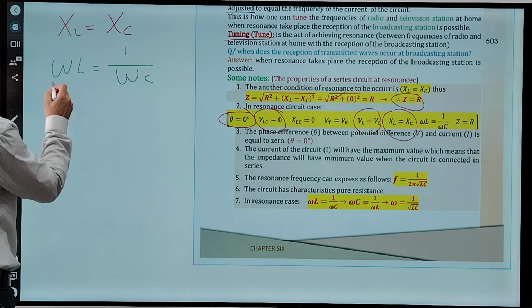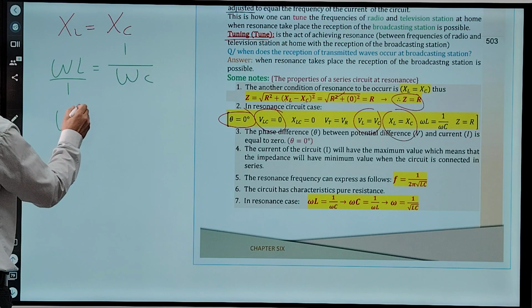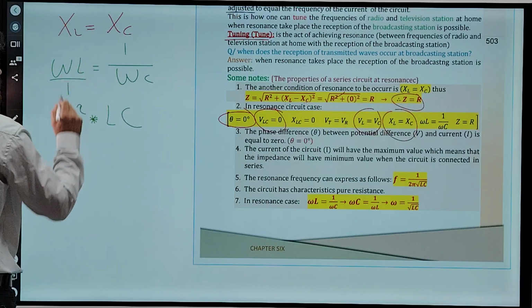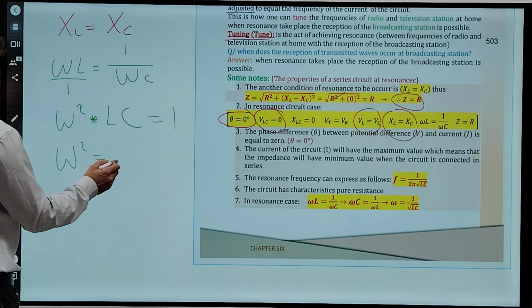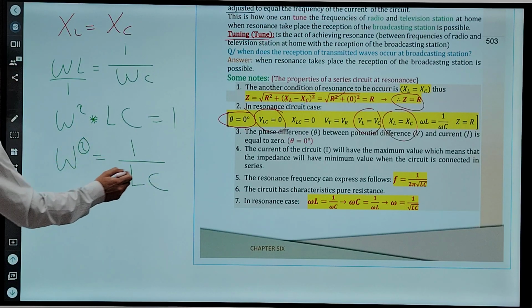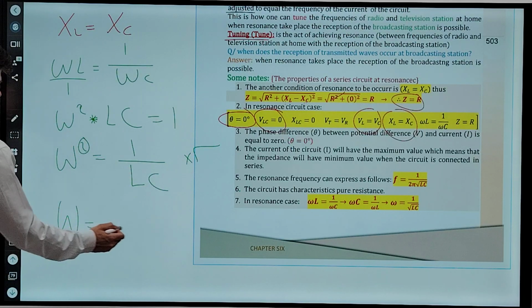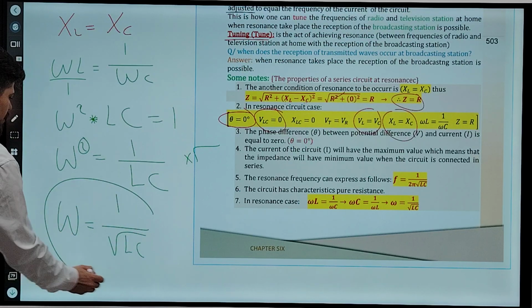If you cross multiply, omega times omega, omega squared, times LC is equal to 1. Rearranging the equation, omega squared is equal to 1 over LC. Remove the square by taking the radical. What remains? Omega is equal to 1 over radical LC.